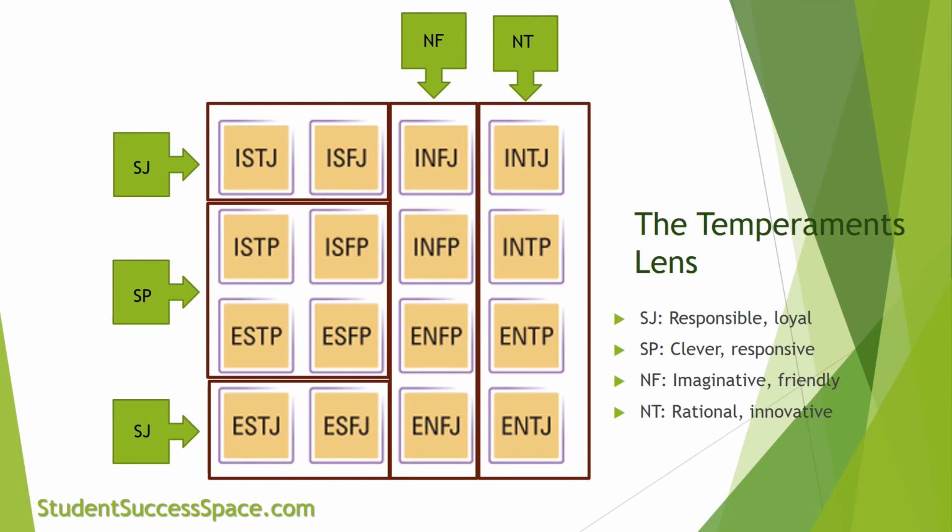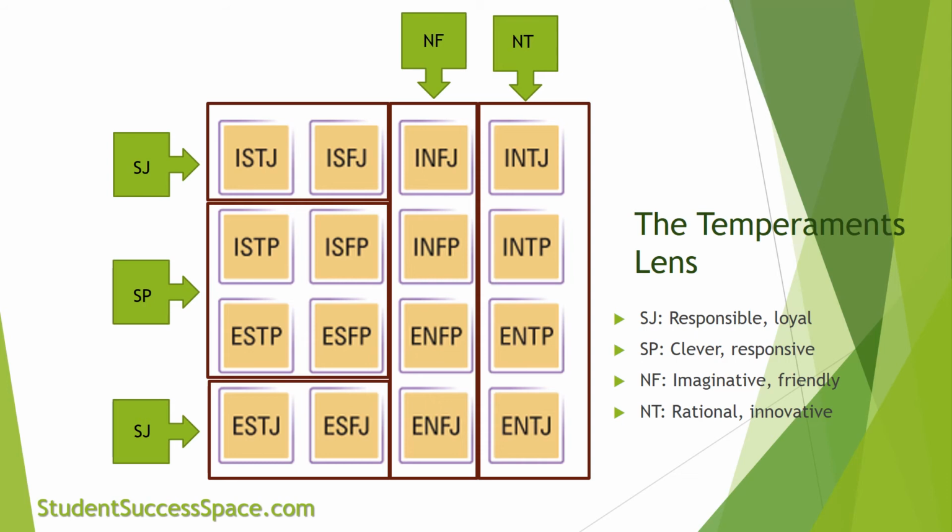As we move on, the temperaments lens is a combination of the 4 temperaments, which are SJ, SP, NF, and NT. This is going to be a combination of sensing and intuition and judging and perceiving preferences. The SJs are found in the 2 leftmost cells of the top row and the 2 leftmost cells of the bottom row.